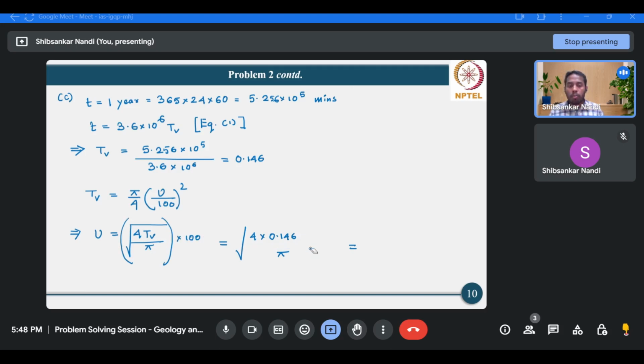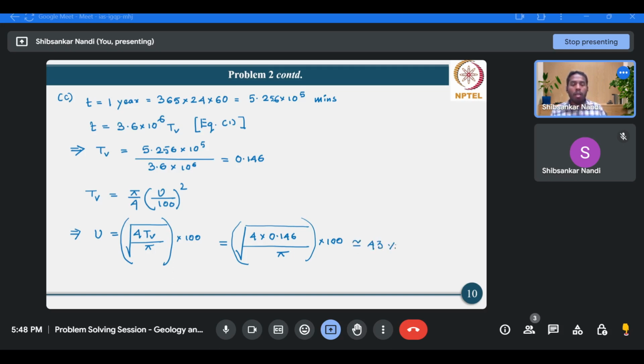First you have to calculate the square root of this quantity, then you have to multiply it with 100. So it's approximately 43%.